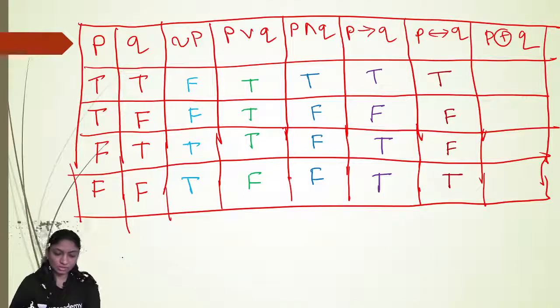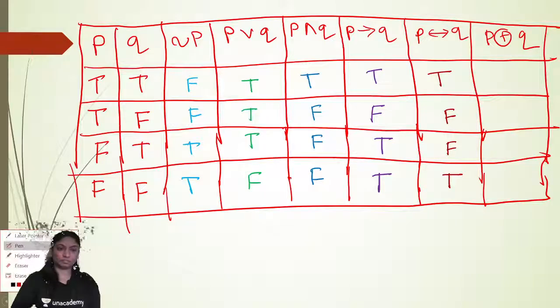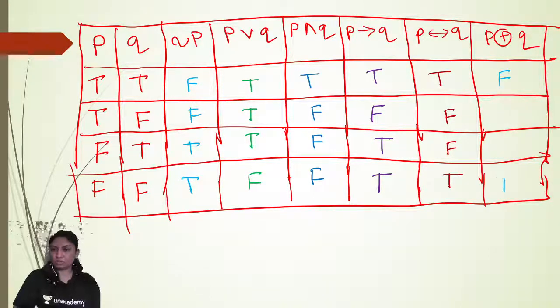Now, next is P exclusive-or Q. It means if both are true, then false, both are false, then also false. If one of them is true, then it is true.